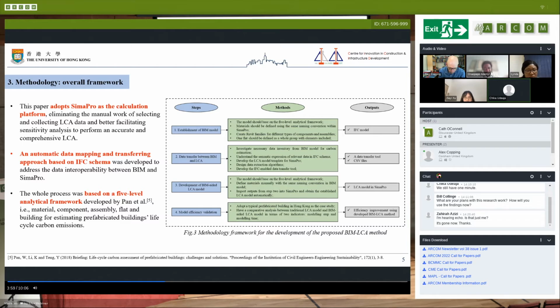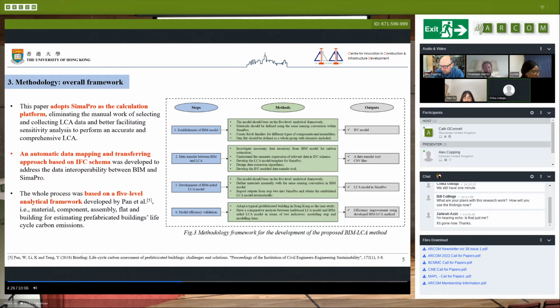The adoption of SIMAPRO can eliminate the manual work of selecting and collecting LCA data and better facilitate sensitivity analysis. To address the data interoperability between BIM and SIMAPRO, an automatic data mapping and transferring approach based on the IFC schema was developed. Figure 3 shows the methodology framework for the development of the proposed method.